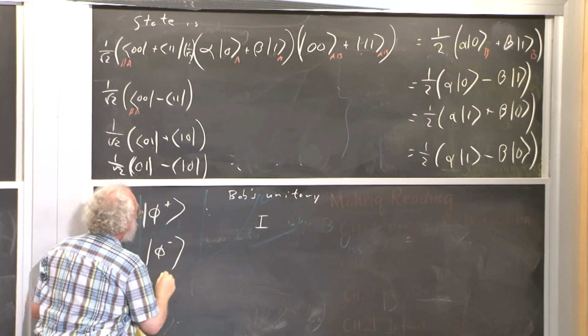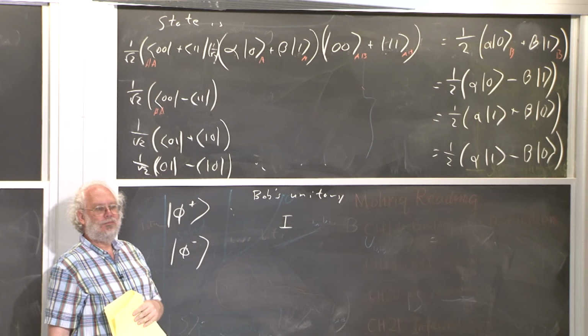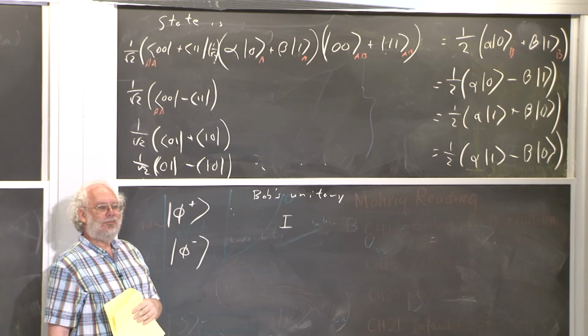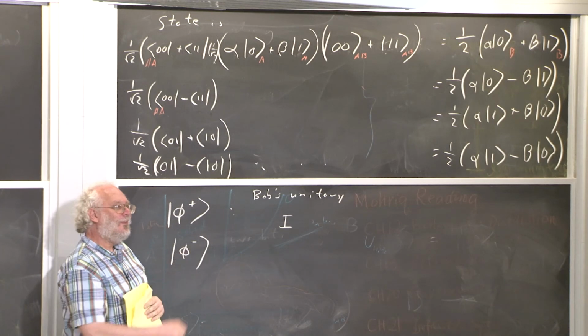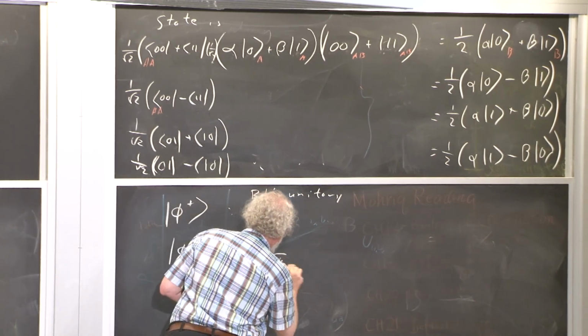How about phi minus? What do we need to do to correct that one? Yes? Multiply by z. Yeah, multiply by z. Great.